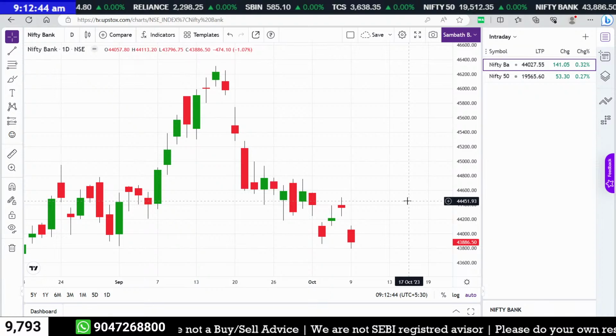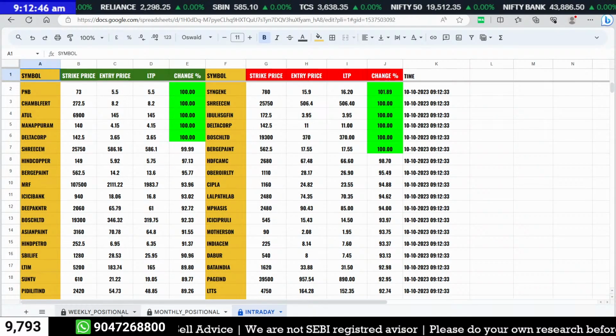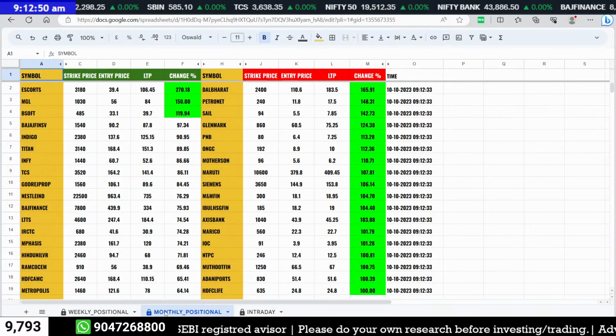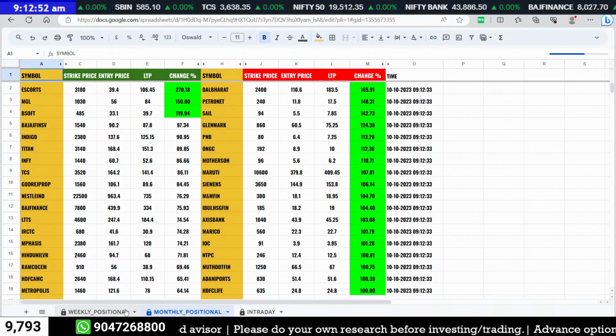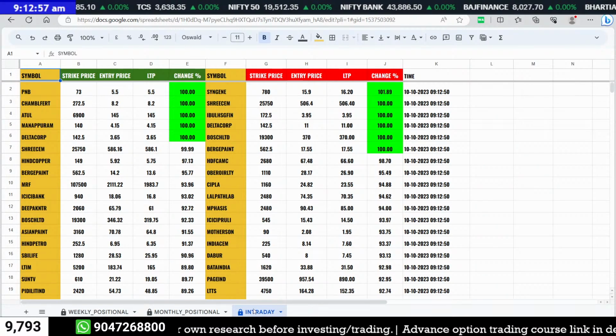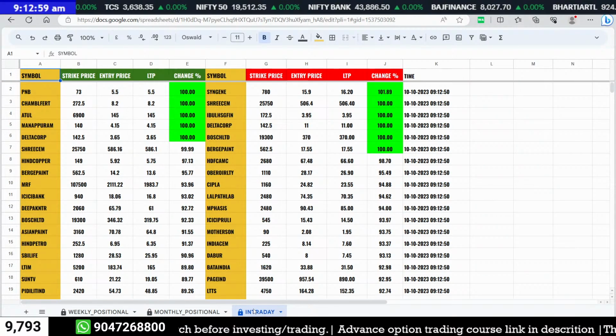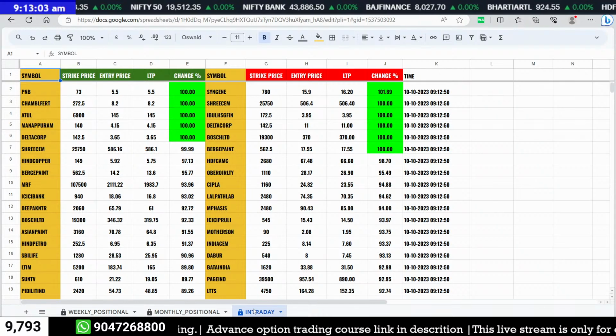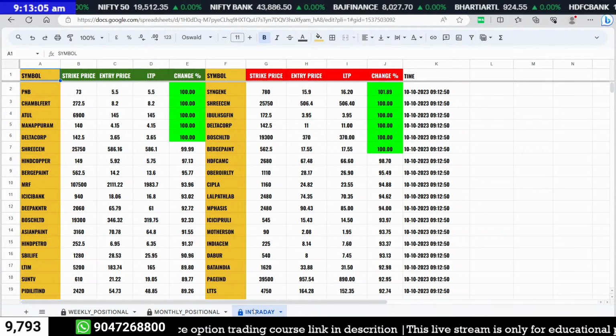Based on our Google Sheet scanner, we can find positional opportunities in weekly and monthly also. These two sheets work based on our advanced option strategy, and intraday works based on the indicator. A lot of stocks give you opportunities, but on a daily basis we plan for 1 or 2 stocks per day.